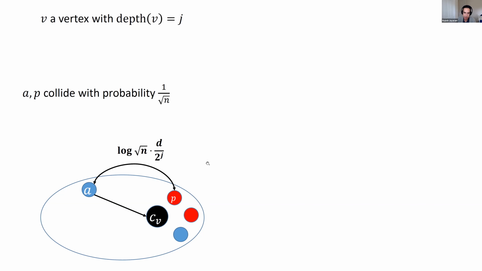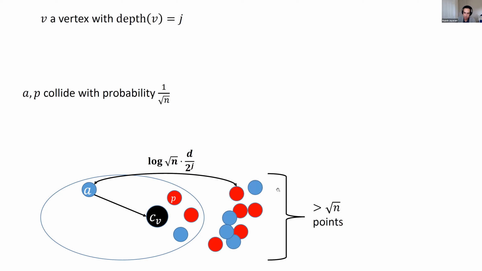So if that was the case, then we expect that there must have been at least root n points which were at the same distance of log root n times d over 2 to the j, which didn't collide. If I have a bunch of trials and each one of them succeeds with probability 1 over root n, and some of them succeed, like 3 of these trials succeed, I expected there to be at least root n points which had an opportunity of being sampled.